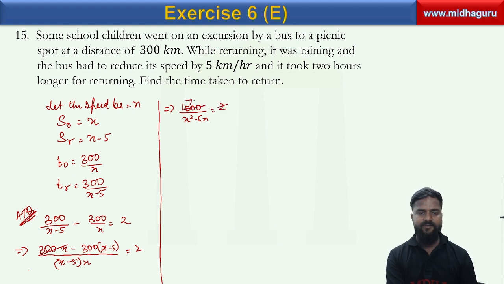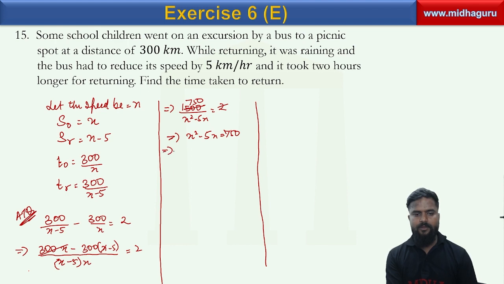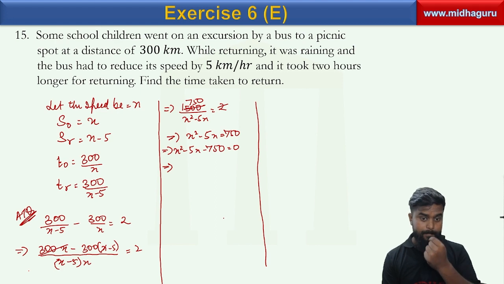2 will go into 1500, 750 times. Multiplying this up, we get x square minus 5x is equal to 750. So bringing 750 to this side, we get x square minus 5x minus 750 is equal to 0. Now I need to split minus 5 such that the product gives us minus 750 and the sum gives us minus 5, which are 25 and 30.